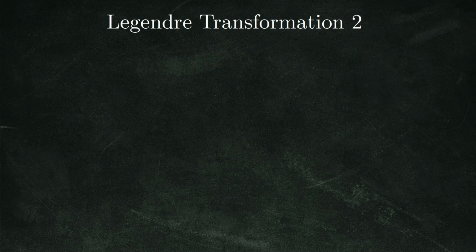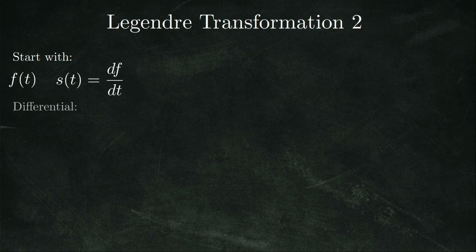We're now going to see an alternative way to think about the Legendre transform, but the end result is exactly the same. So once again, we start with our function f of t, and the derivative s equals df by dt. And then we look at the differential. So df equals df by dt, dt. And we know that df by dt is s. So our differential is equal to s dt, where s is defined to be df by dt.